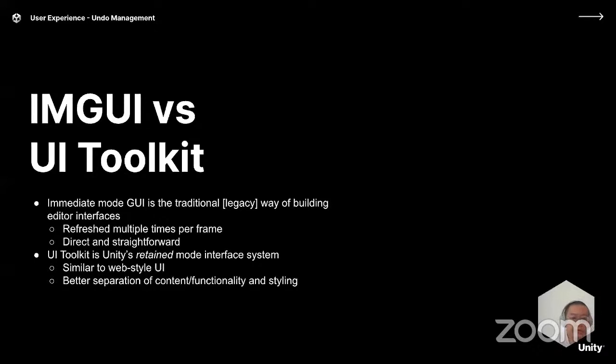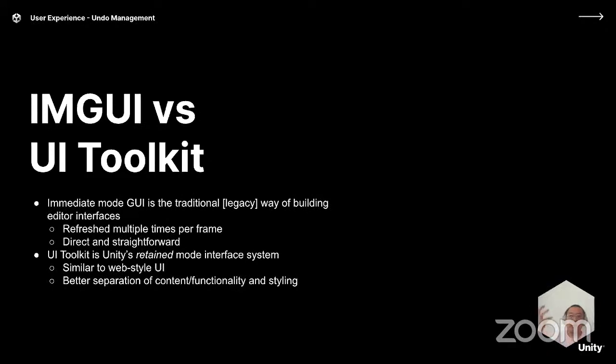UI Toolkit, UI Elements, is our retained mode interface system. It's probably most similar to a web-style UI where you have a UXML file, which is your document, and then you have a USS, which is our version of CSS, Unity Style Sheets.